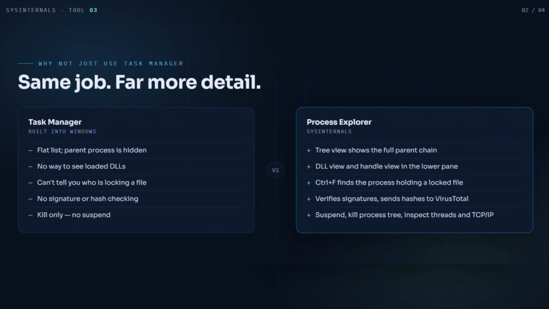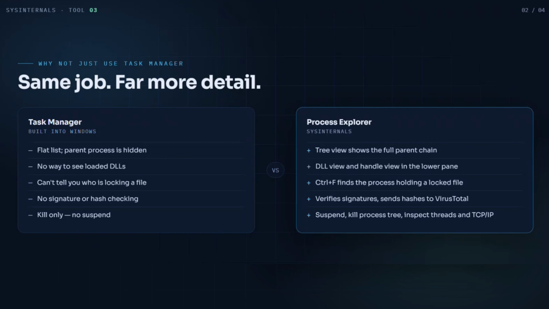But when we need deeper troubleshooting, Process Explorer gives us much more information. For example, Process Explorer gives us the full parent process chain so we can understand how the process was launched. It also provides a DLL and handle view in the lower pane.